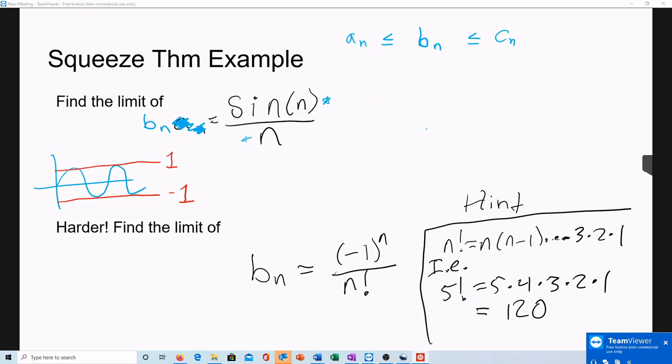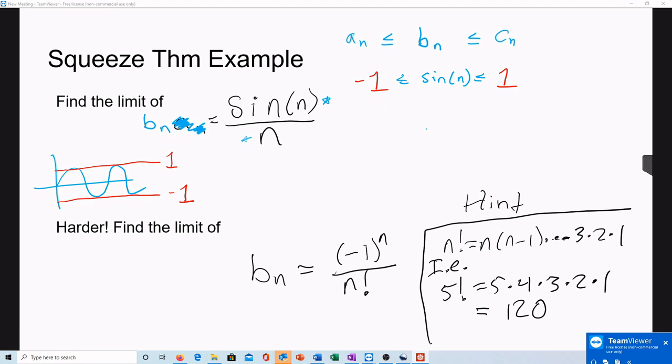I know sine is always between 1 and -1. So I'm just going to write that down. Here's -1, here's 1, and here is sine. Make sure you take a minute and believe that.